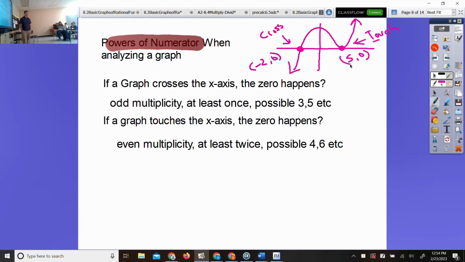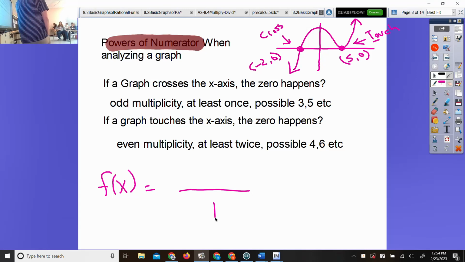Something old. Since I'm dealing with powers of the numerator, and I want it to be a fractional function, I can just throw it over 1. That makes it a fraction, doesn't it? The zeros create the factors of the numerator. That's what they do. Because 0 divided by anything, so what? 0. Zeros happen in the numerator.